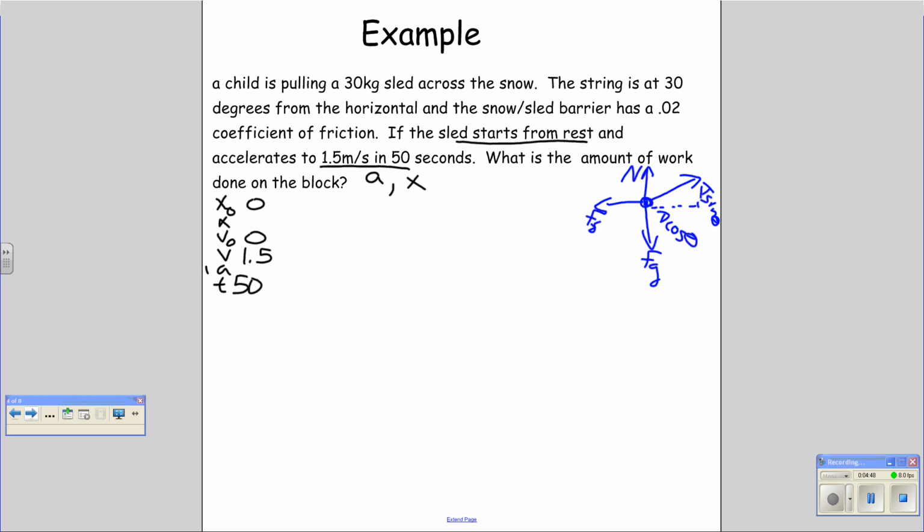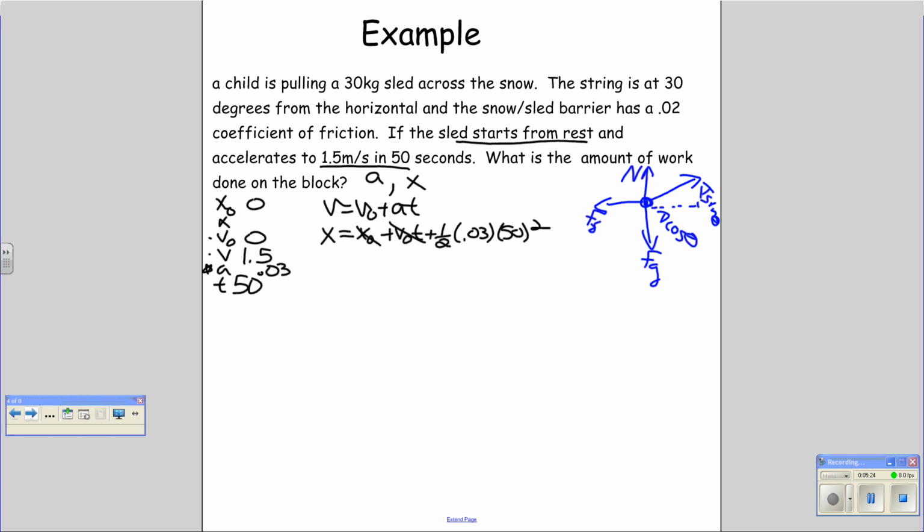To find a is the easiest. We have initial and final velocity and time. We look for the equation without x. So that's v equals v naught plus at. Plug it in, and you get a of 0.03. Now to find the distance moved, x equals x naught, which is 0, plus v naught t, which is 0, plus 1/2 a, 0.03, t squared, 50 squared.